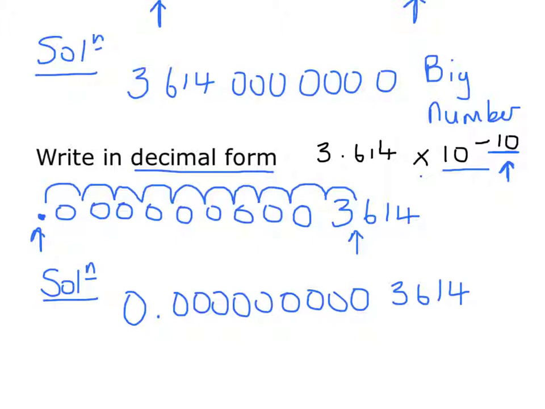So as you can see, this is a very small number, right? So like I had emphasized earlier, when the power on the 10 is a negative number, which it is here, the number in decimal form is a very small number, so as you can see, that's exactly as it is in decimal form.